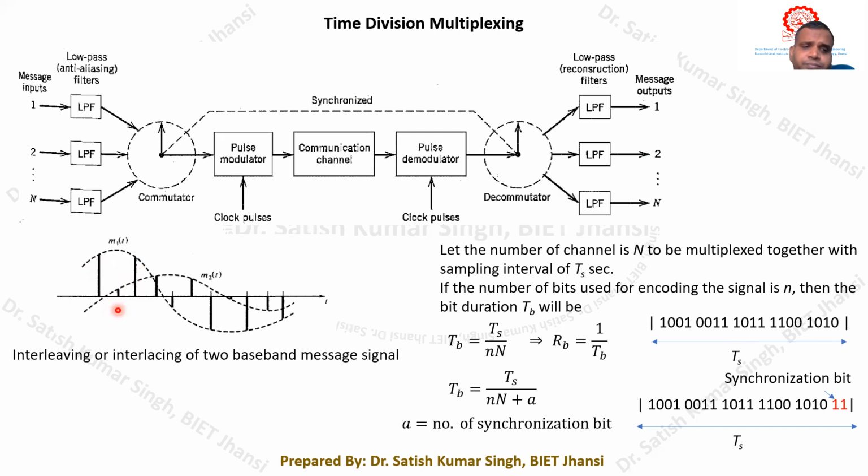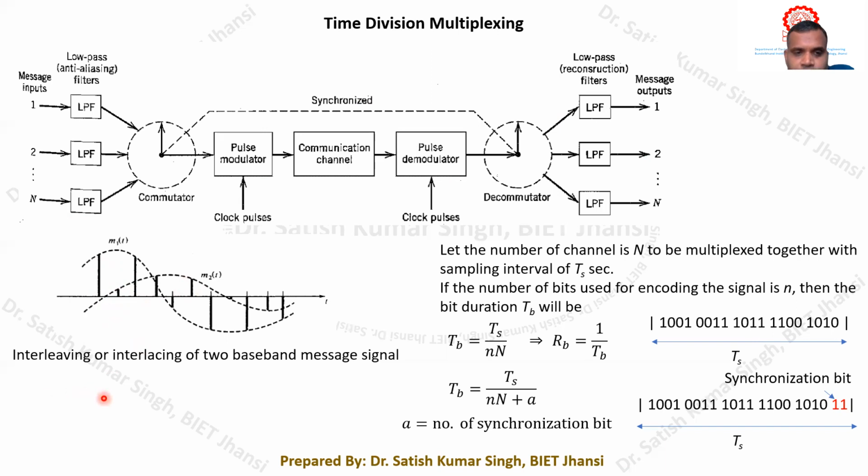It is not just one message signal; we can take several message signals whose samples can be accommodated between the two samples of our message signal M1(t). Here, for the sake of simplicity, we have taken just two message signals, M1(t) and M2(t), and we show how these two signals can be interleaved.